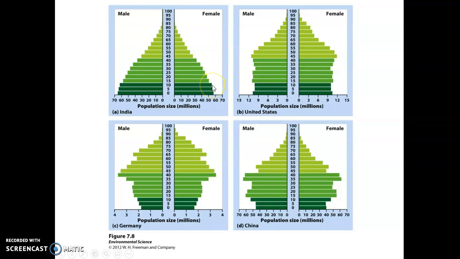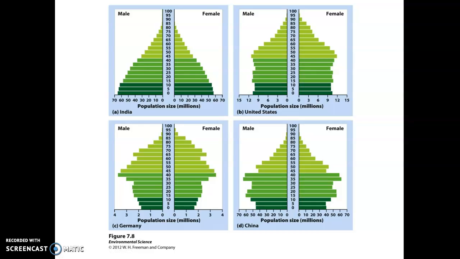The dark green represents children under the age of 14 and therefore not considered in the reproductive age bracket. The medium green goes from about 15 up to about 45 here, and those would be individuals in the reproductive range. And then above that, non-reproductive.